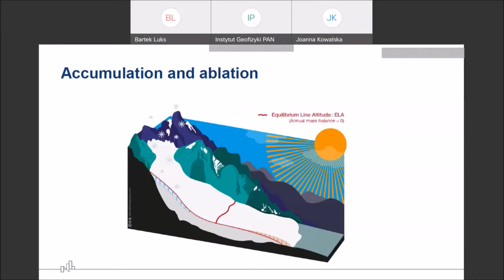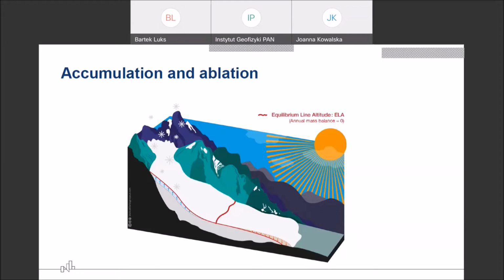So, as I said, I mentioned accumulation and ablation. Those are two processes that run the glaciers. In most cases, when we think about glaciers, those are mountain glaciers, so they have to be high up enough that it's cold, and as I said, snow will persist to the next season.